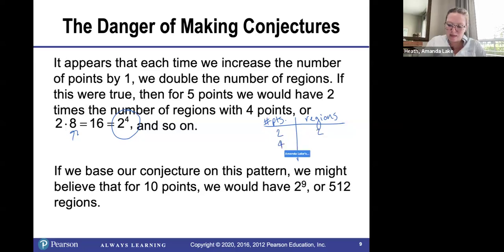With 3 points, we had 4 regions. With 4 points, we had 8 regions. With 5 points, we're guessing that we'll have 16 regions. So this is 2 to the 0 power, 2 to the 1st, 2 squared, 2 to the 3rd power, 2 to the 4th power. Keep on going. We might assume that with 10 points, we would have 2 to the 9th, or 512 different regions.